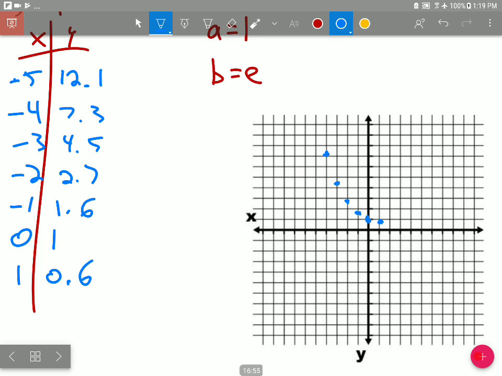About there. Cool. Before we draw the line, what else we got to put on there? Your asymptote. So your horizontal asymptote in this case is where? Y equals 0. Good. And we'll go.